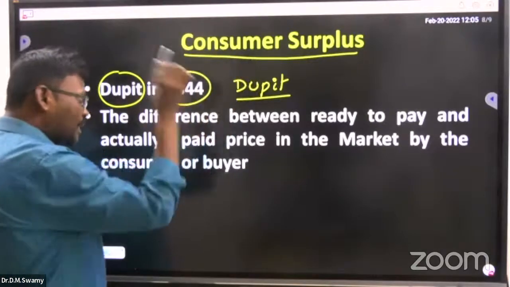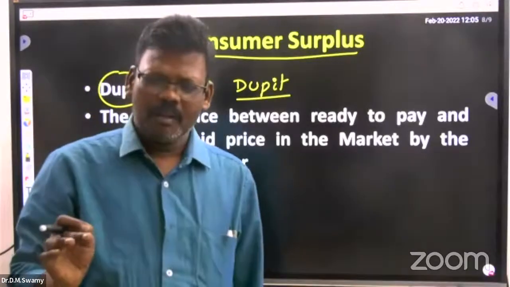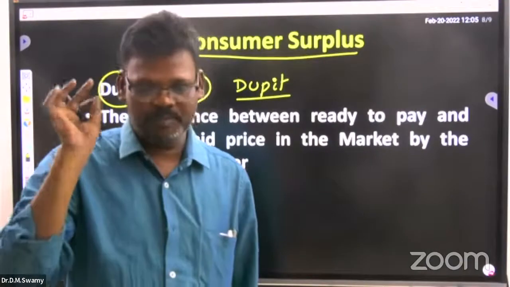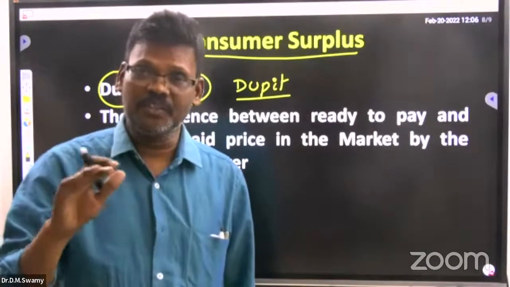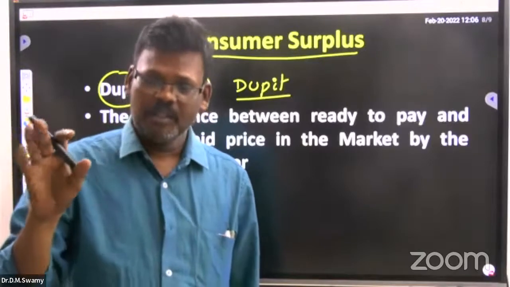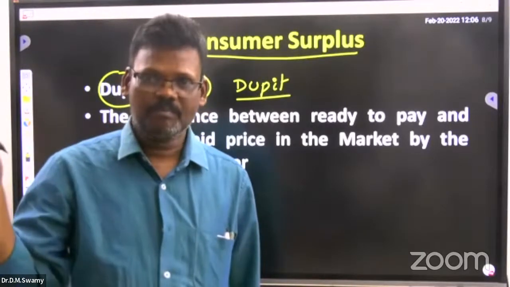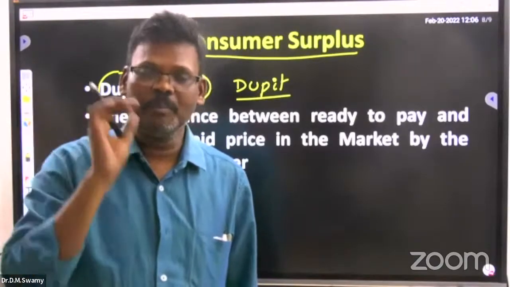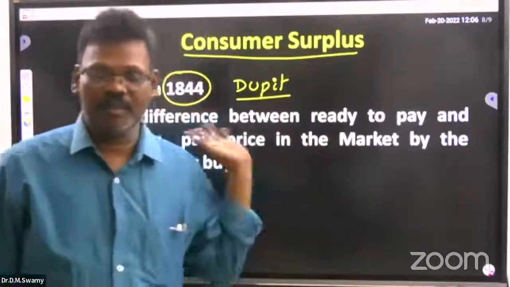Later it was of course developed by Marshall. Please remember, initially the theories may be developed by many other people, but finally it was finished by Alfred Marshall only. All microeconomic theories were finished by Alfred Marshall.